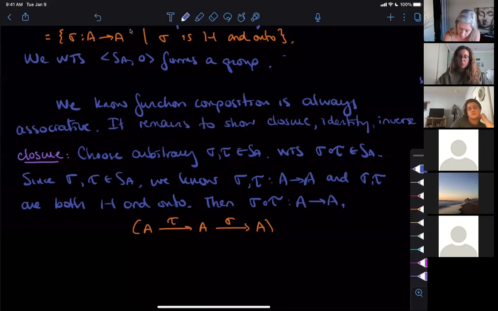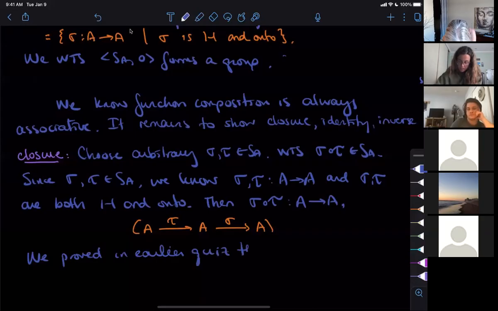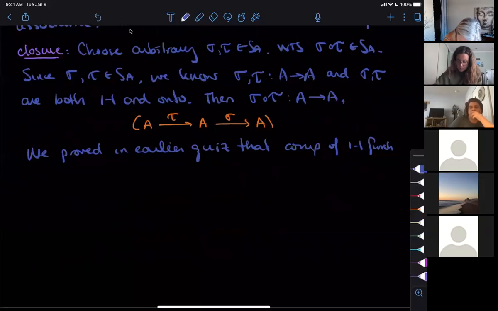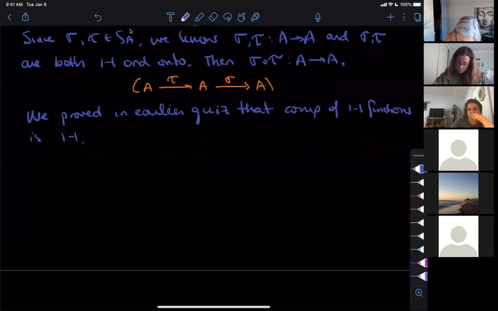So we proved in an earlier quiz that a composition of one-to-one functions is one-to-one, and a composition of onto functions is onto.